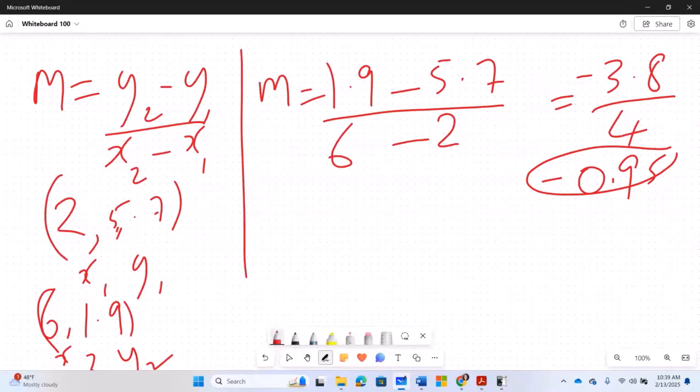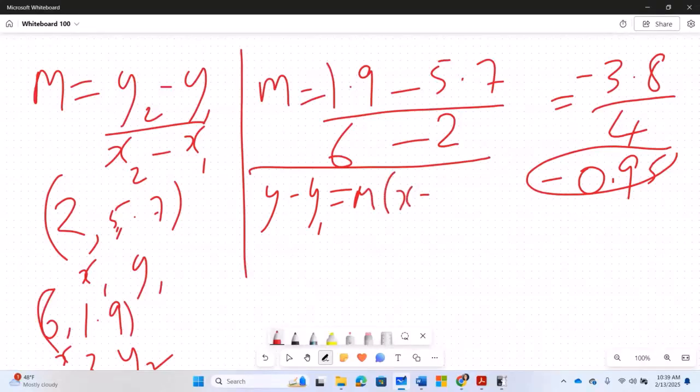So I know the slope. I can use the point x1, y1 to find the equation. So to do that, I will use the point-slope formula. y minus y1 is equal to slope times x minus x1. y1 is 5.7.